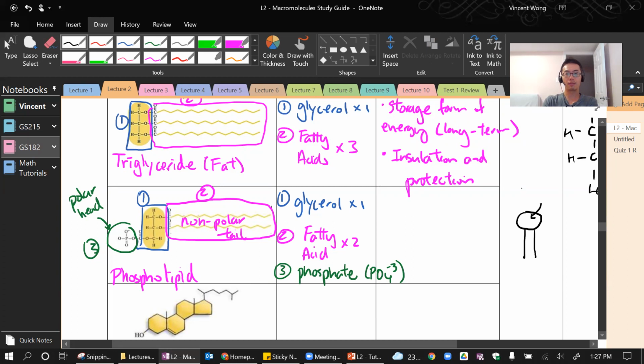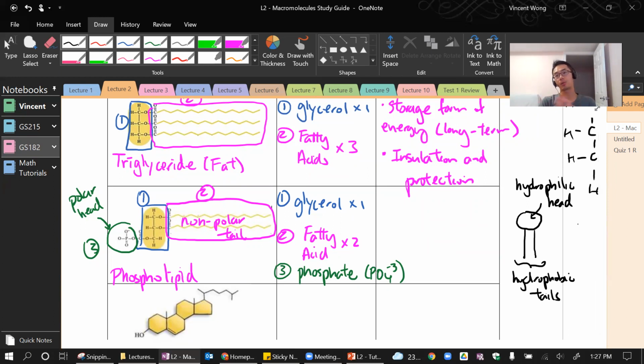Here we have the hydrophilic head, and then we have the hydrophobic tails. The molecule is very special because one part is able to bind to water, the other part is able to bind to lipid.